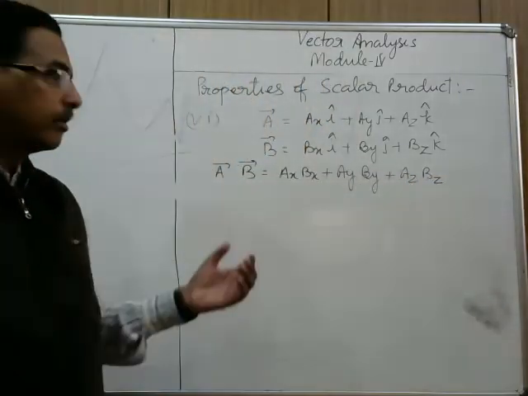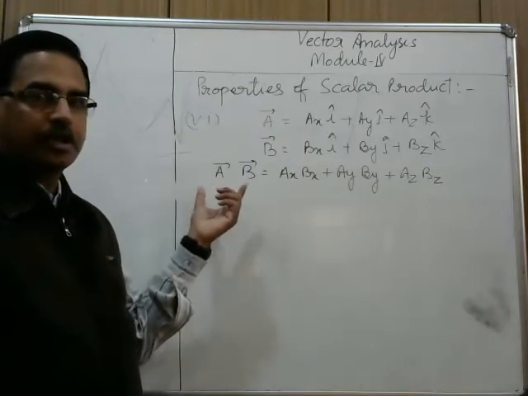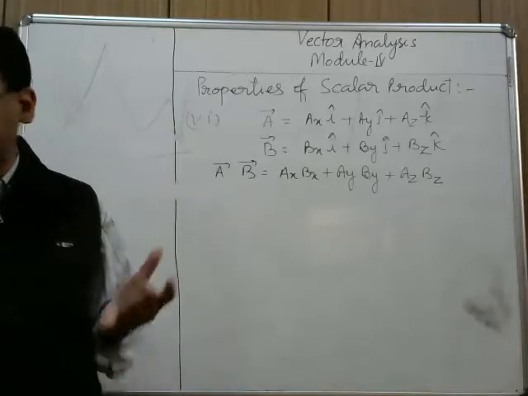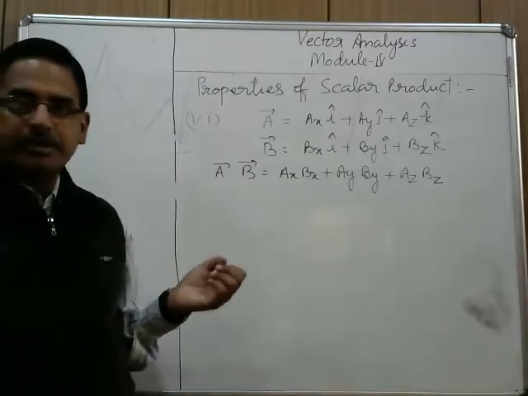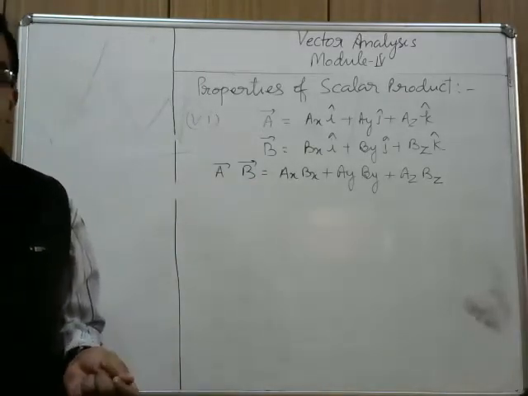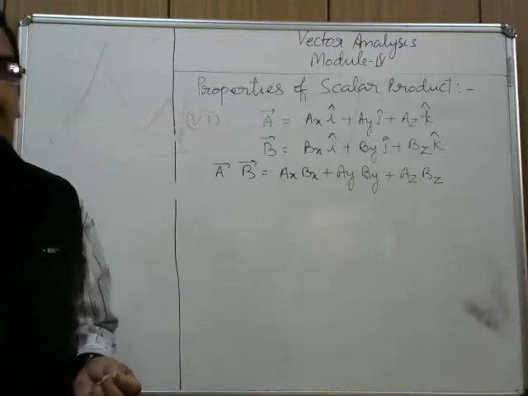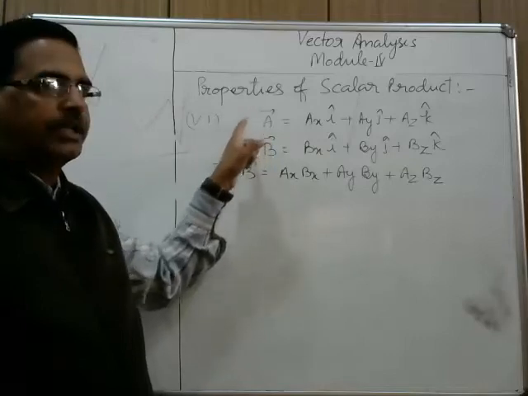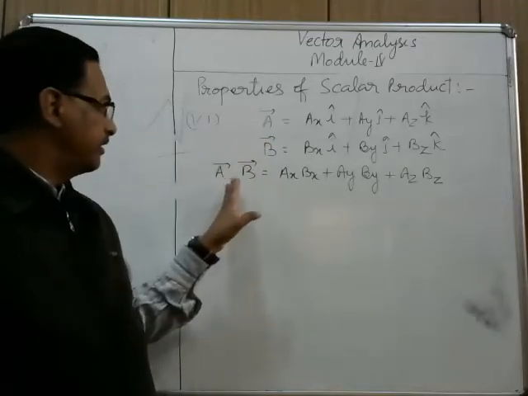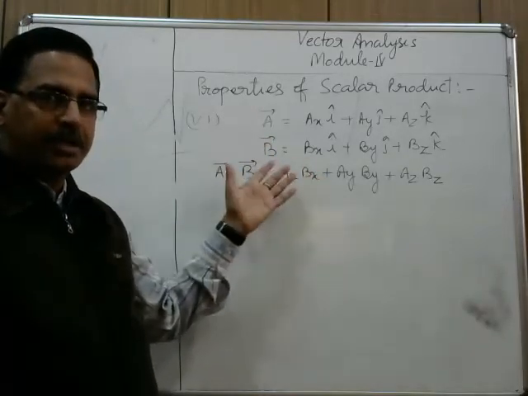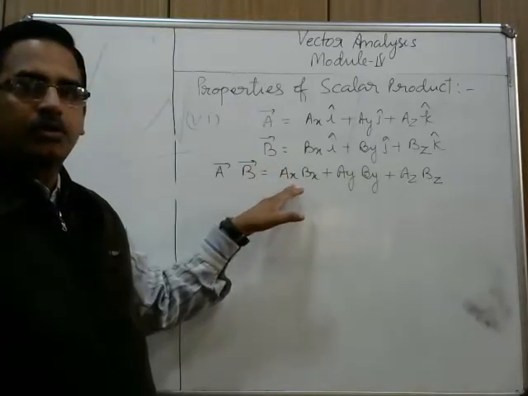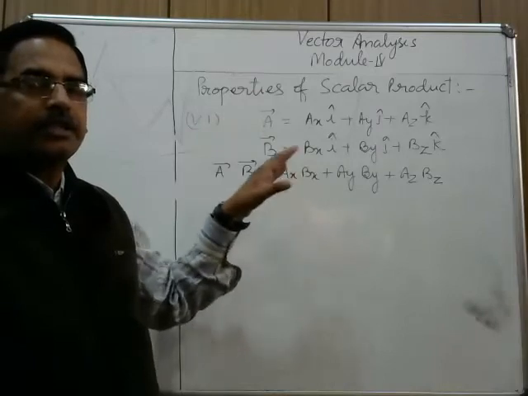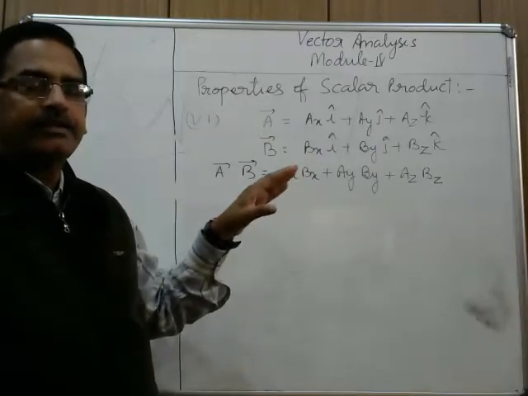Whenever we have to find the scalar product of two vectors, the scalar product is equal to the sum of the product of their corresponding x, y, z components. We have to find the scalar product of these two vectors A and B, and this property says that it is equal to the sum of the product of their respective x, y, z components.